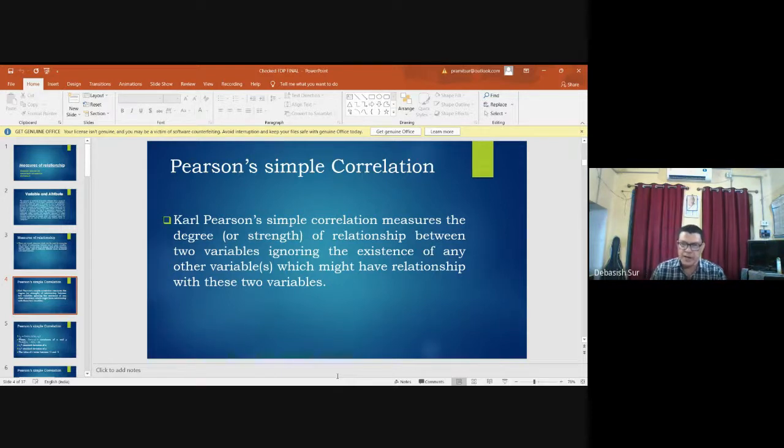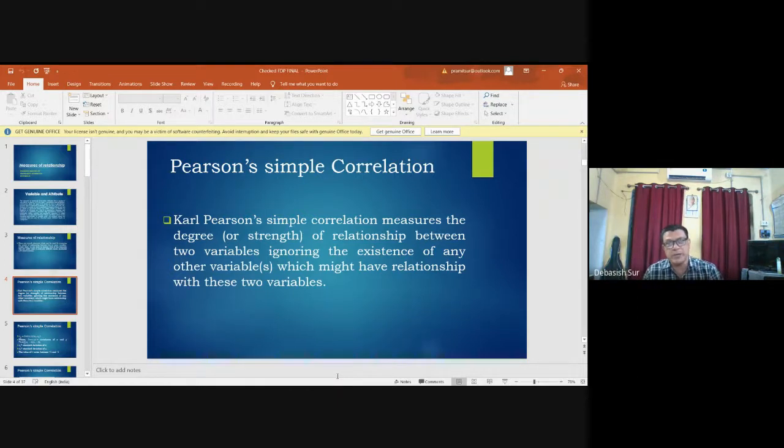That means if we suppose we have two variables, age and weight, age of students and weight of students, and if we want to calculate the degree of relationship between these two, we have to follow the Pearson simple correlation coefficient formula. And here it is assumed that there is no other variable which can influence age and weight.